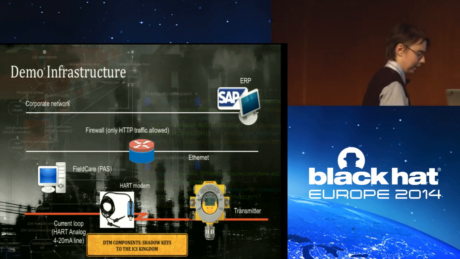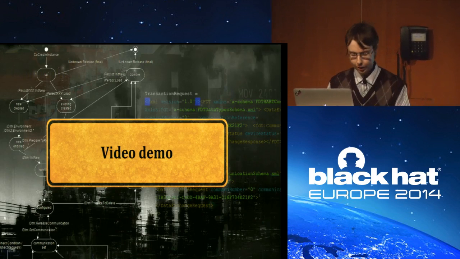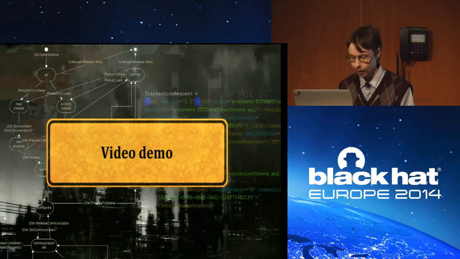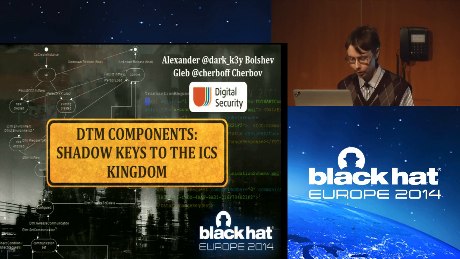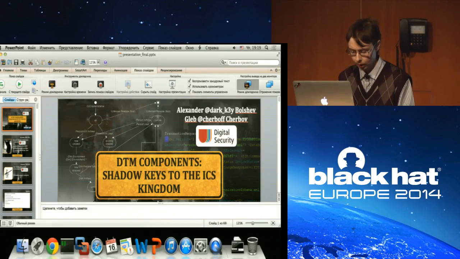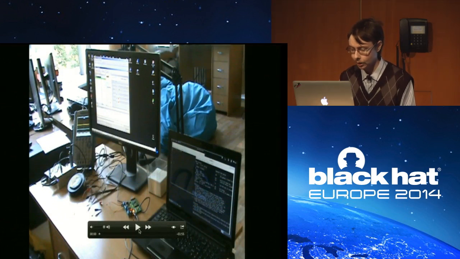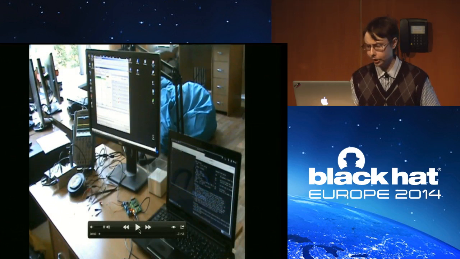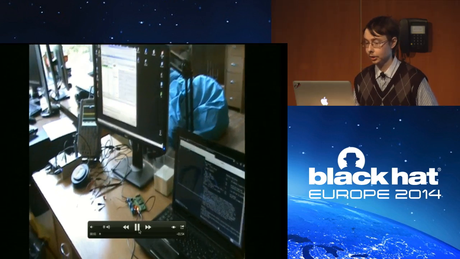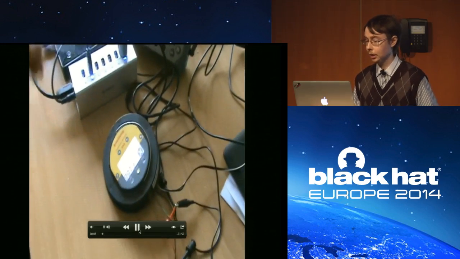Okay, now I think it's time for the video demo. Could you bring it up, please? Okay, let's start. So here is my lab, and here is our lab. As you can see, this is a transmitter.